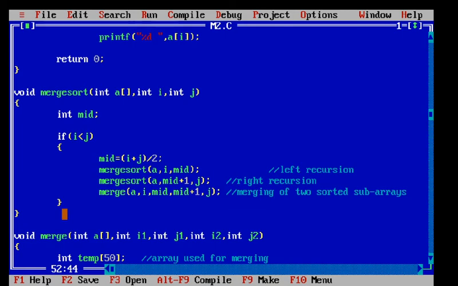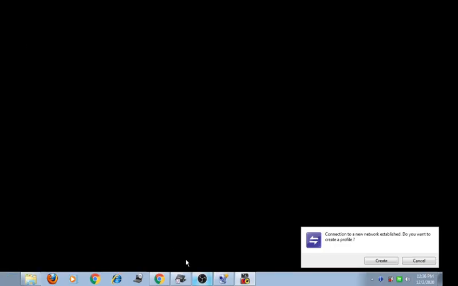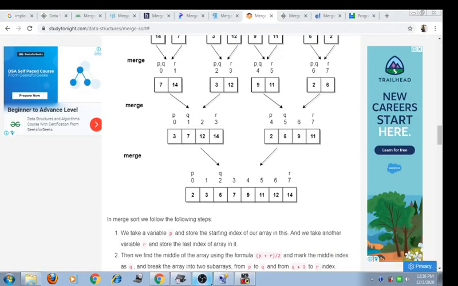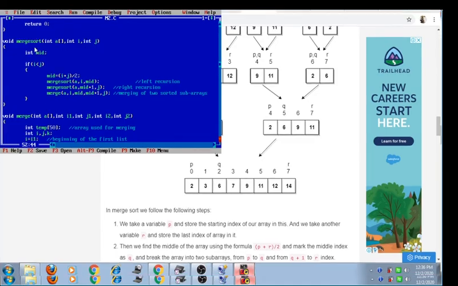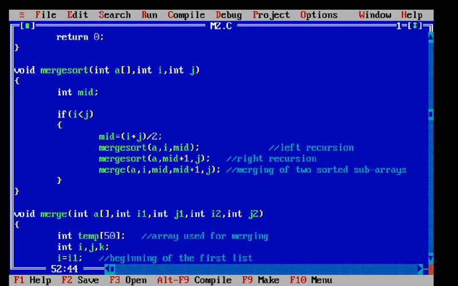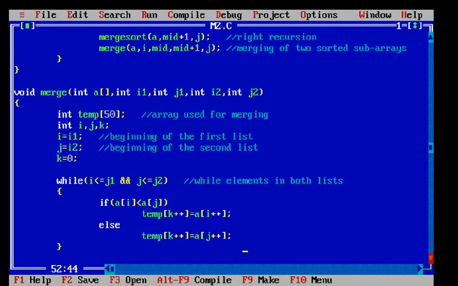Now what happens in the merge function? Here I pass the array variable, i1, j1, i2 and j2.